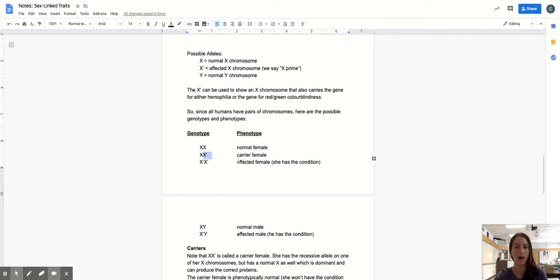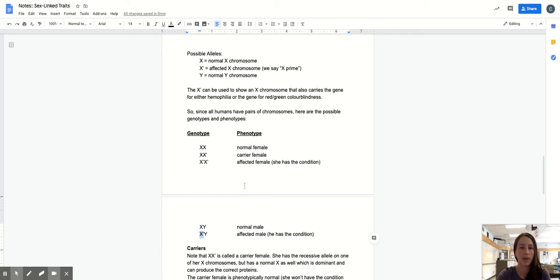Two X primes, you are affected. So this person has the condition. Not X prime, just a normal X, normal Y, normal male. X prime and one Y is an affected male. So he has a condition, so if that's hemophilia or color blindness.